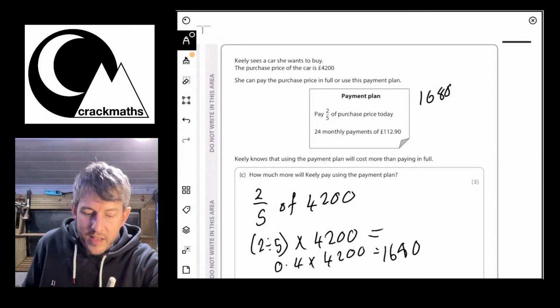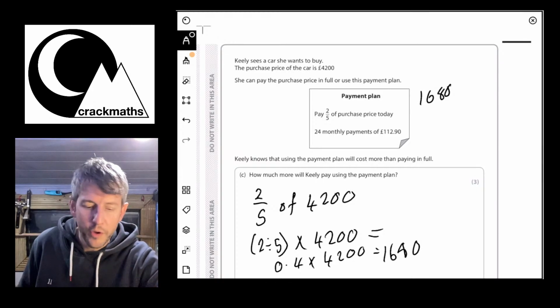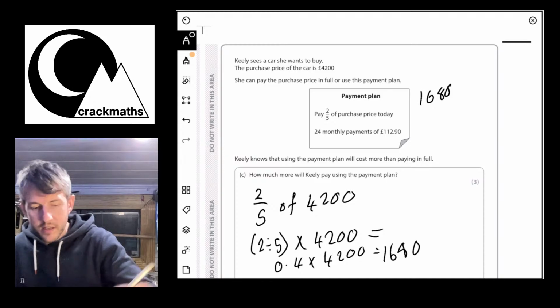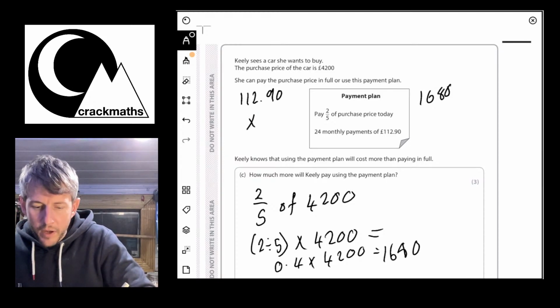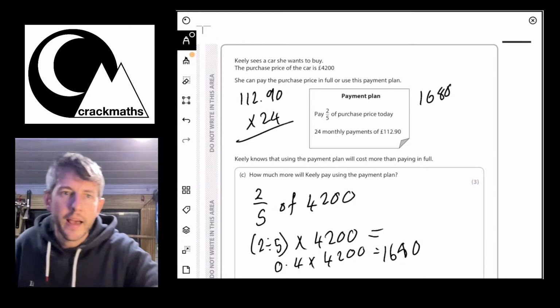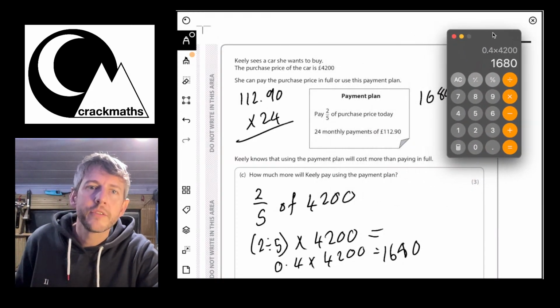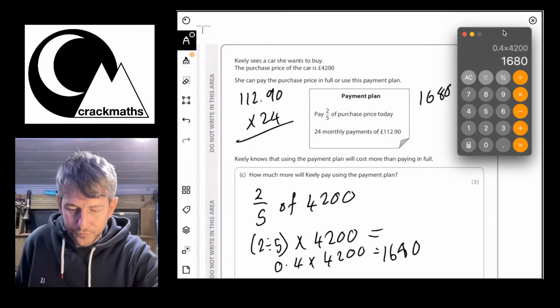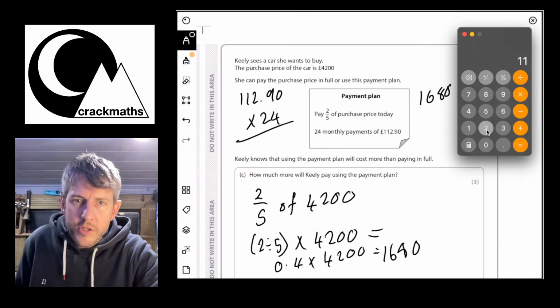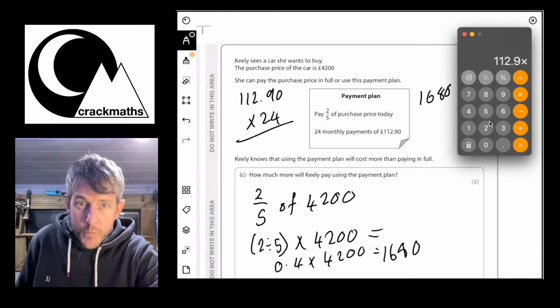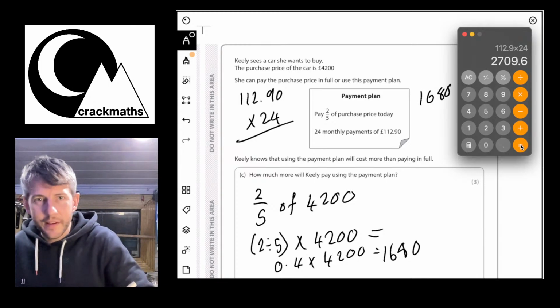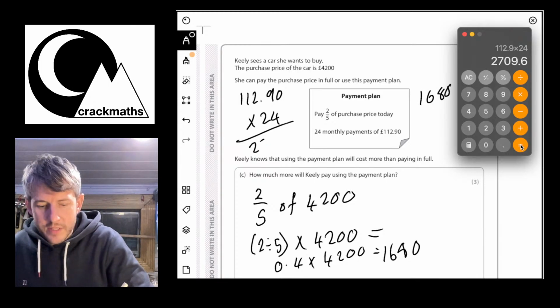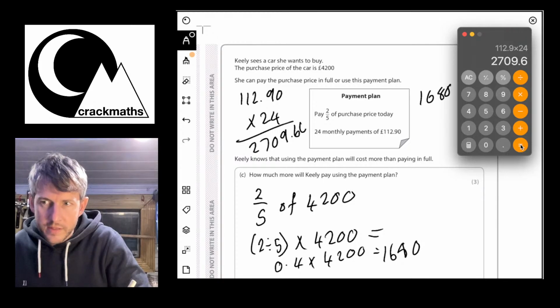Right, what's the next bit? So the next bit is 24 payments of £112.90. So we're going to want £112.90 multiplied by 24. Okay, and again, I've got my calculator for that. So let's work this out. We have 112.9 multiplied by 24. Okay, and that gives us £2,709.60.